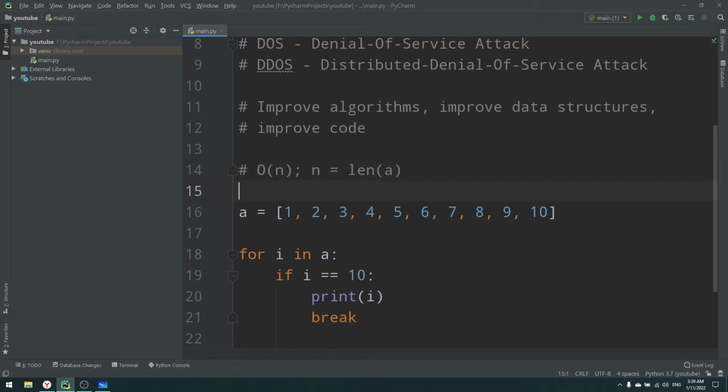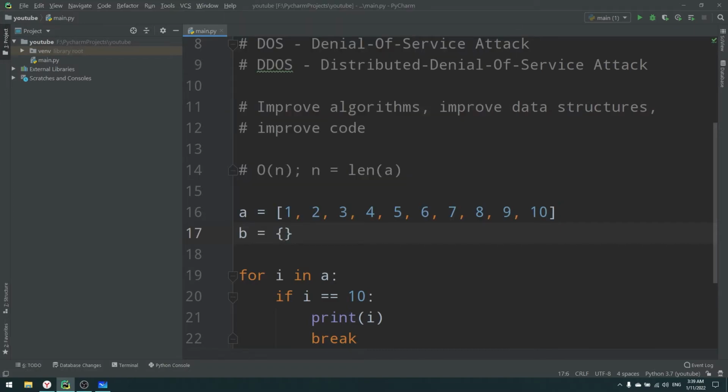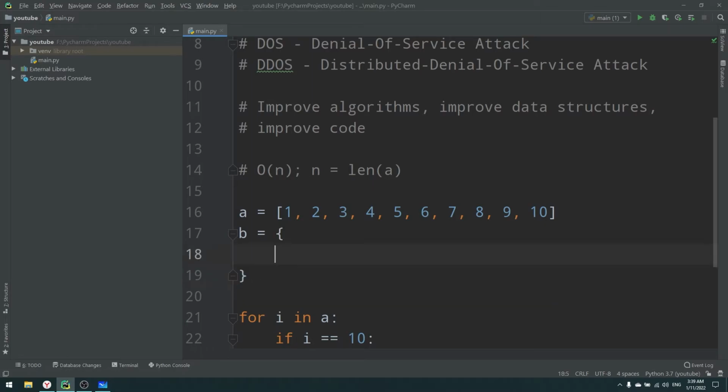But what you can do is use different algorithms, or you can use different data structures. For the data structures part, what you can do is use dictionaries. Well, dictionaries are not that great either for that case. But imagine that you're looking for something in a dictionary, with keys like 1, hello, then 10, something like ABC.